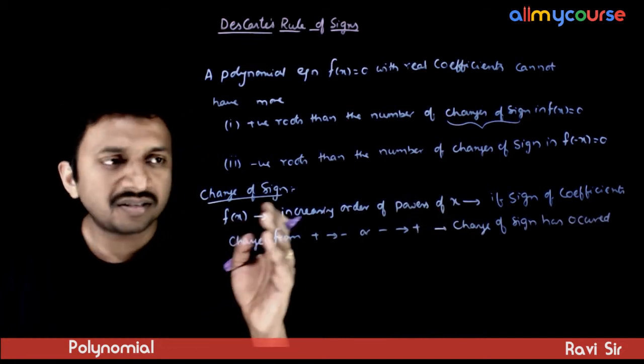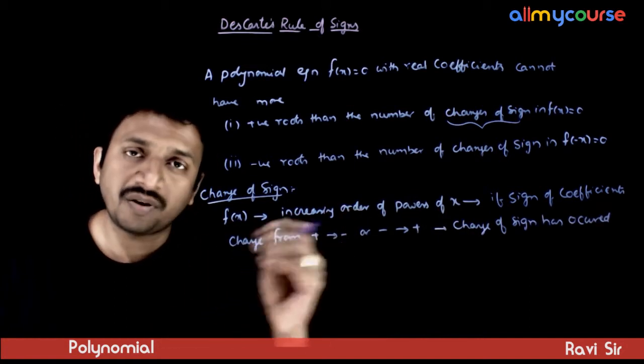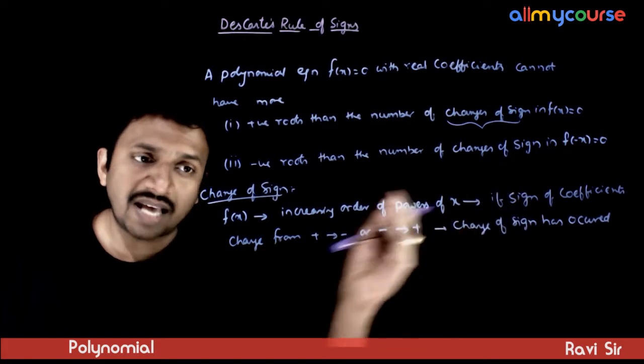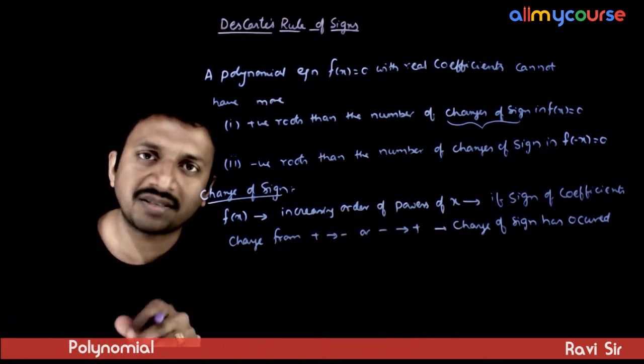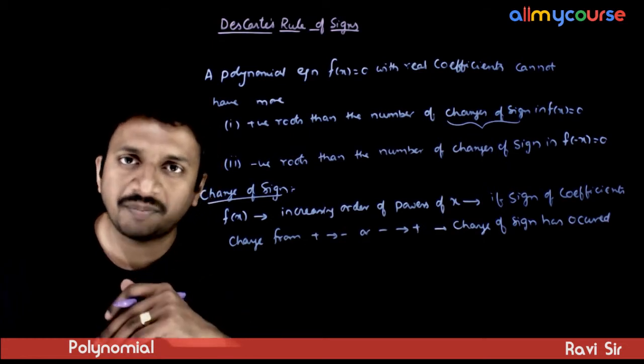So if f of x is written in increasing powers of x, if the sign of coefficients change from plus to minus or minus to plus, then we say that a change of sign has happened.